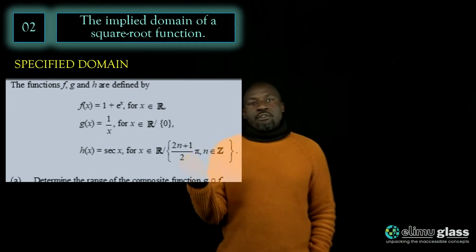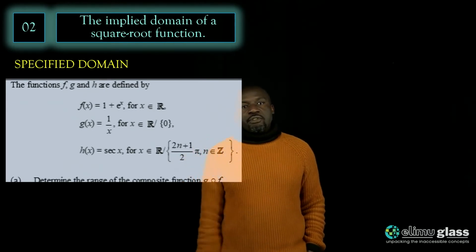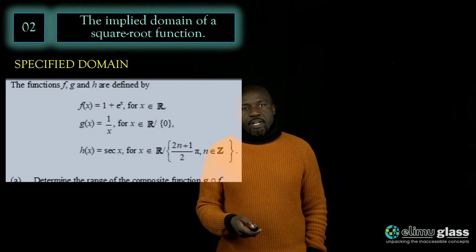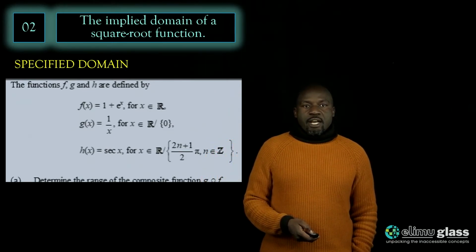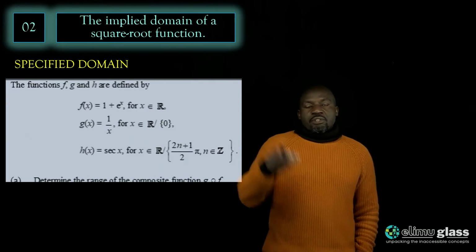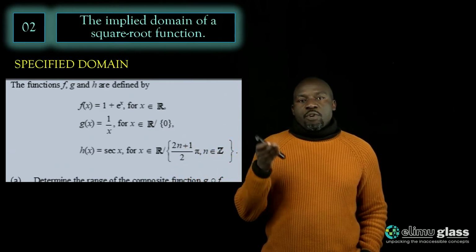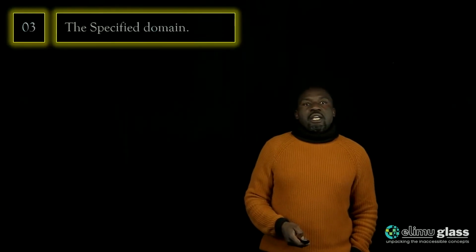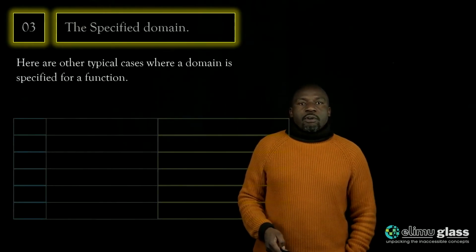So it means x takes all possible values except 0. Right. Similarly, the secant of x, that is a trigonometric function. Again, the values of x are all acceptable from negative infinity to positive infinity. All right. So when a function is given, it is common practice that the domain for which the function is being specified is also given to us. All right. Here are other examples where a function is provided together with its domain. All right.